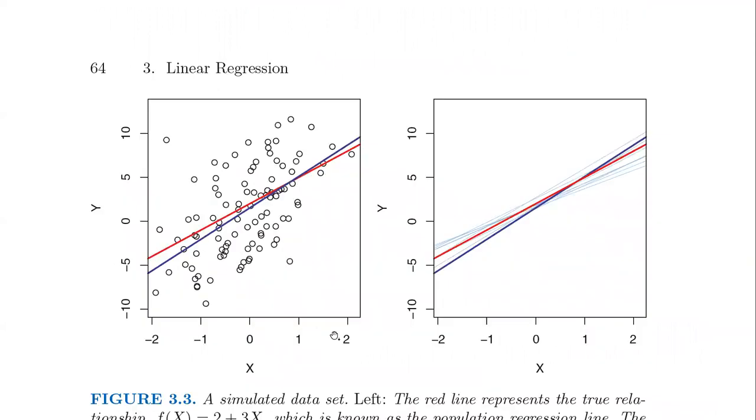I'll quickly remind you, the higher the variance of the error term, the further away you would expect the data points from the red line.